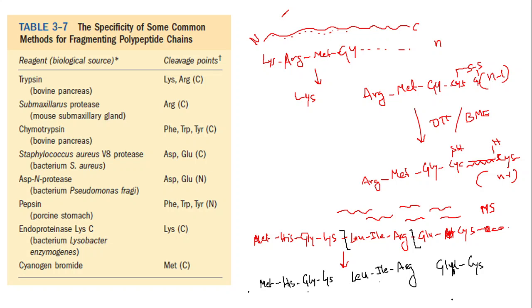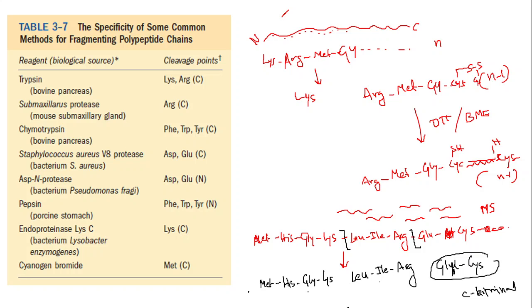This only tells you that this fragment is the C terminal fragment, because there is no arginine or lysine here. Between these two, either can be the N terminal fragment; we cannot tell from this method. But this is basically how these proteases digest and create smaller fragments.